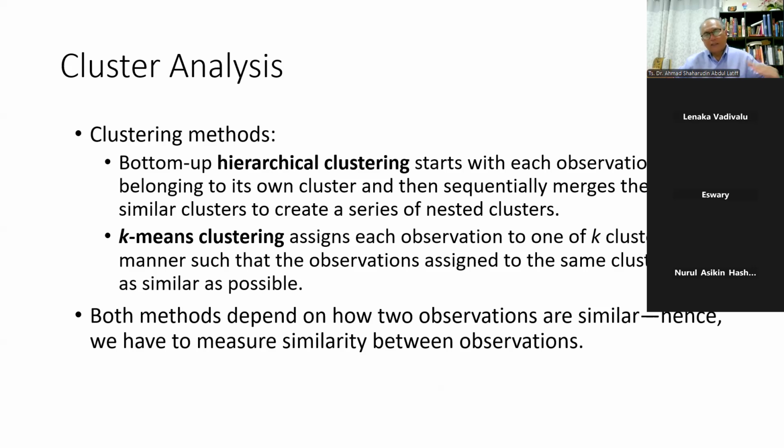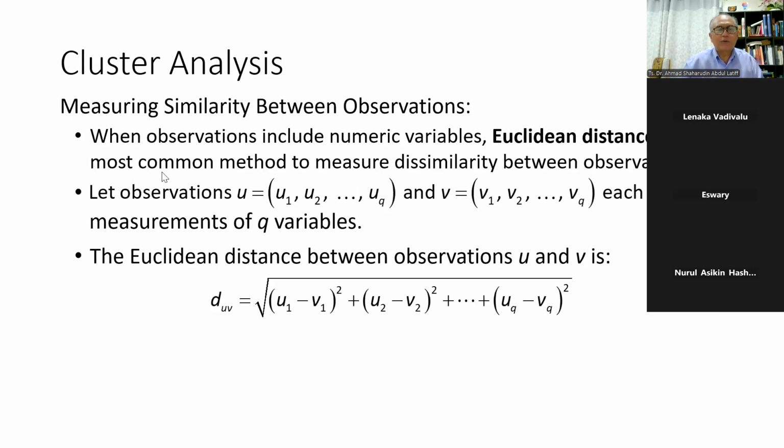In hierarchical clustering, you look at the bottom, and then you group them, and then you cluster them. With k-means, you determine the number of clusters, and then you break the data into clusters based on their similarity. Okay, now let's look at how you do it.